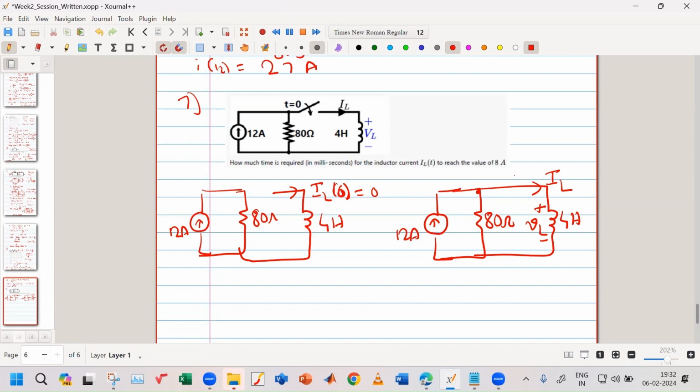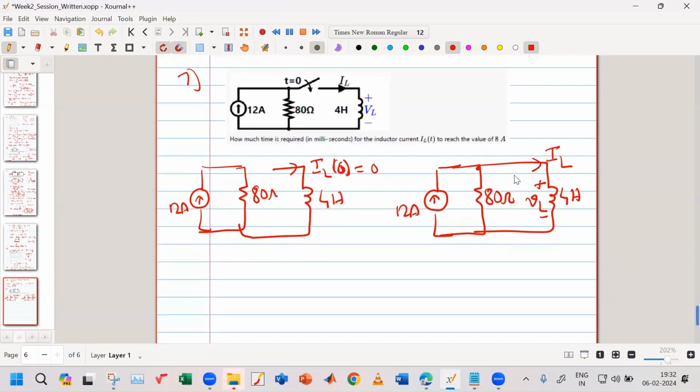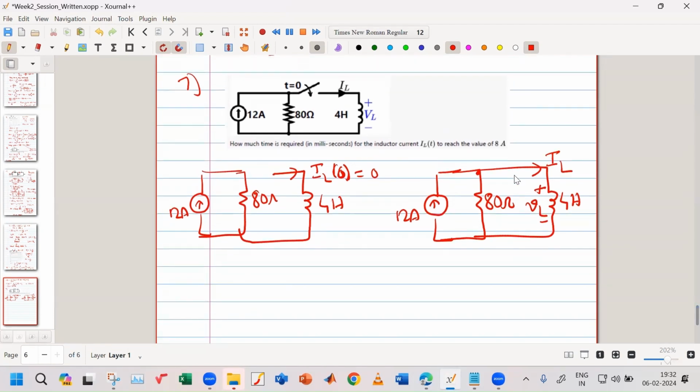Yes, we can see IL is equal to 8, in that case 4 ampere current is flowing through the 80 ohm resistor, so 80 into 4, 320 is the final value of the voltage across the inductor. No, there's a mistake in your thinking. We will correct it.